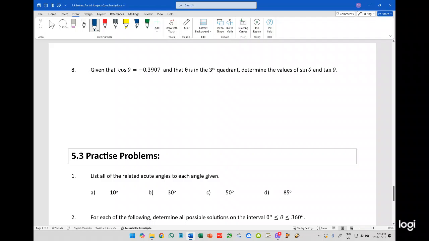Okay, so we're given that cos of theta equals negative 0.3907. So theta, I'll just punch that into my calculator. Negative 0.3907, inverse cos gives me 113 degrees.